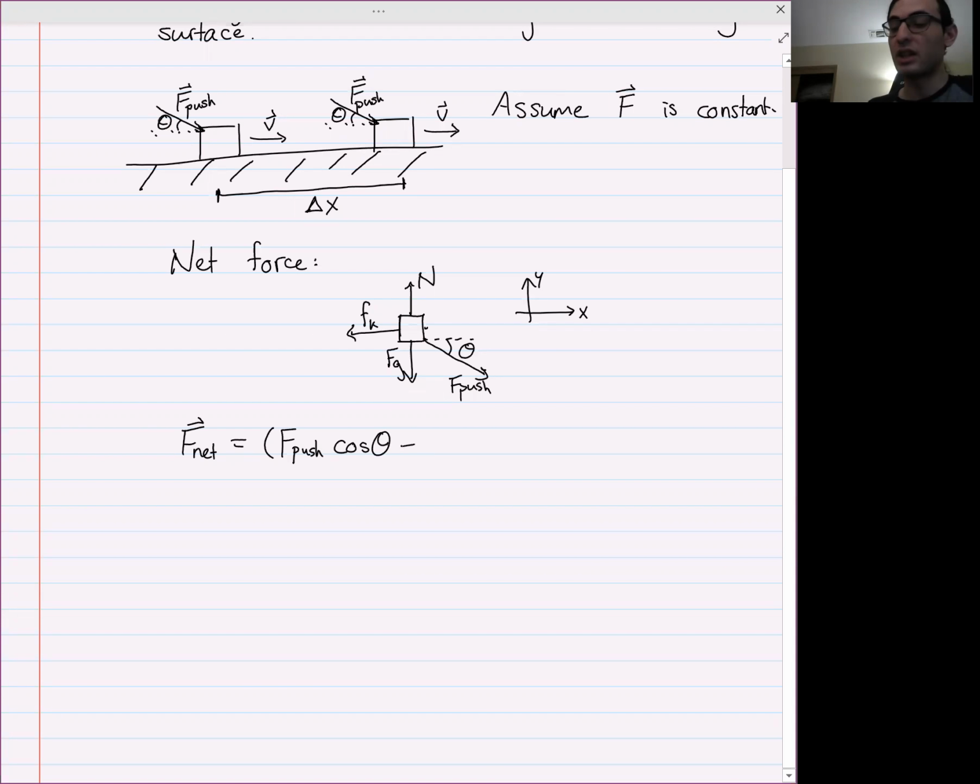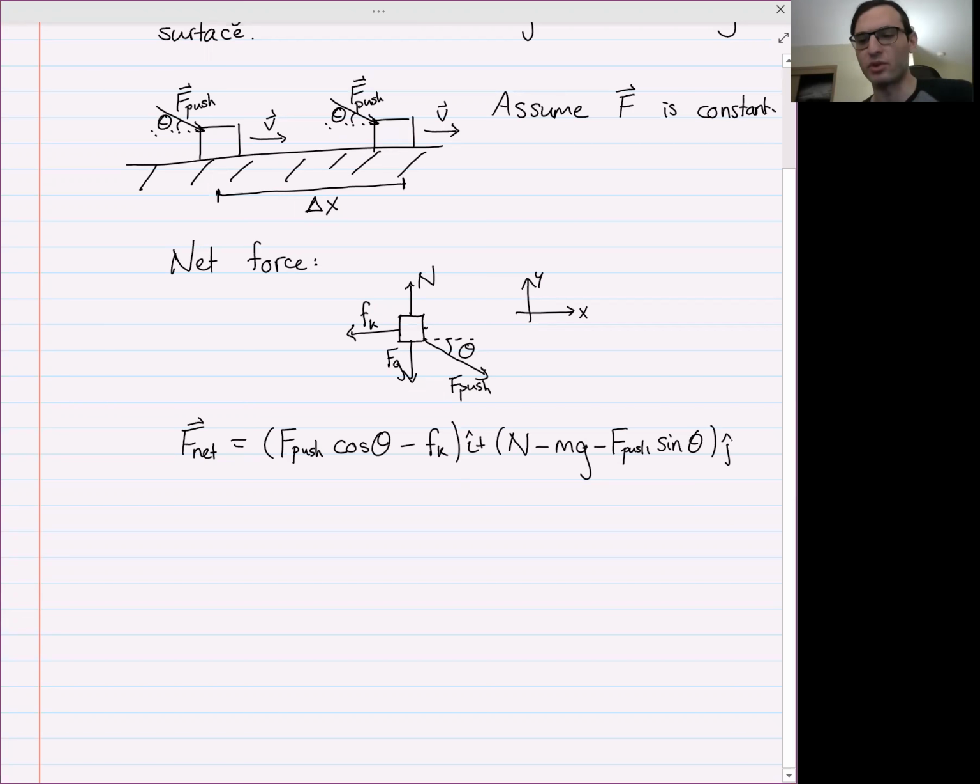And then in the negative x direction, we have the frictional force, F sub k. And then in the y direction, we have N minus mg. And then there's also the vertical component of the pushing force, so that would be F push times sine of theta. Sorry, the first part is in the i hat direction and this is in the j hat direction. So that's our net force.